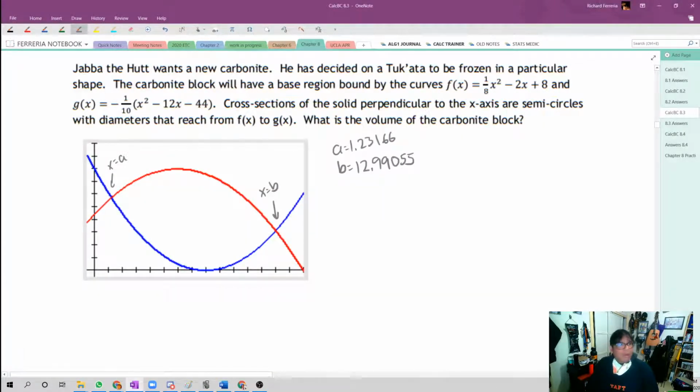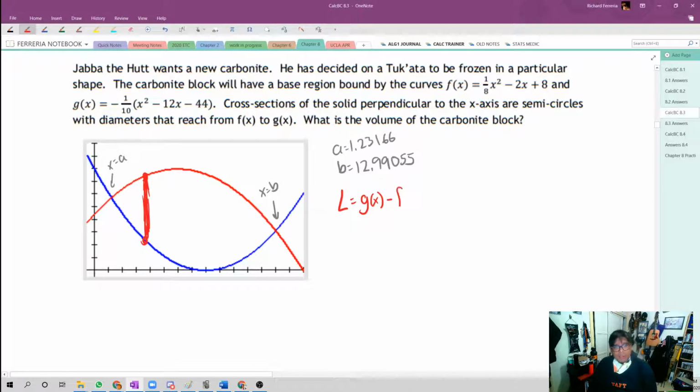Here on my graph, I'm going to draw from the top curve to the bottom curve, and this is my value of L, the distance from the top curve to the bottom curve. The top curve is the red curve, which was g of x, and the bottom curve is the blue one, which was f of x.